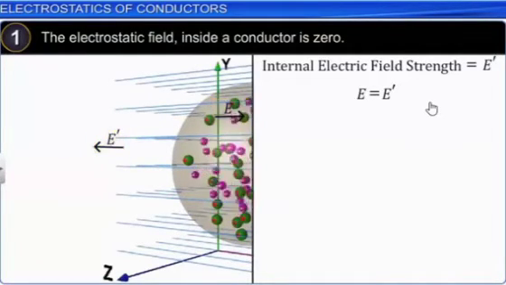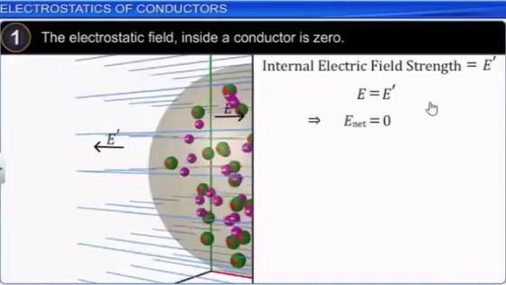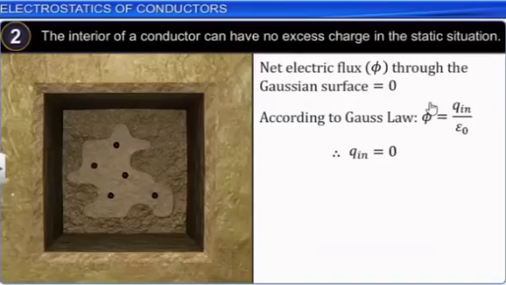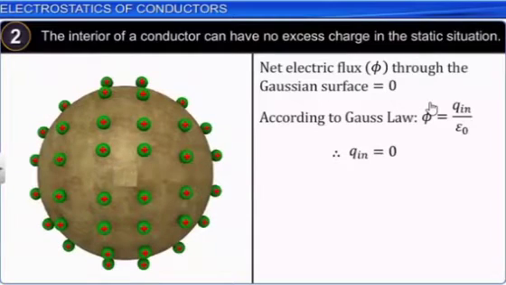As a result, the net electric field strength inside the conductor becomes zero. It proves that any net charge on the conductor must reside entirely on its surface.